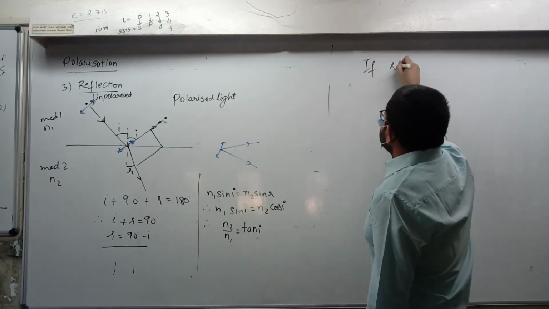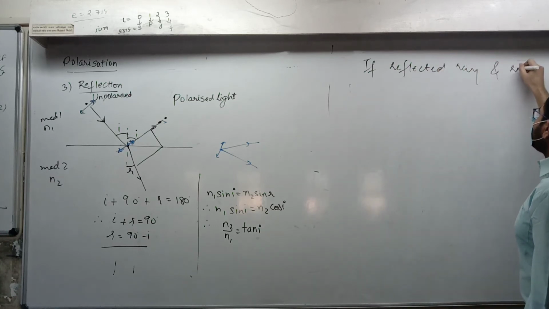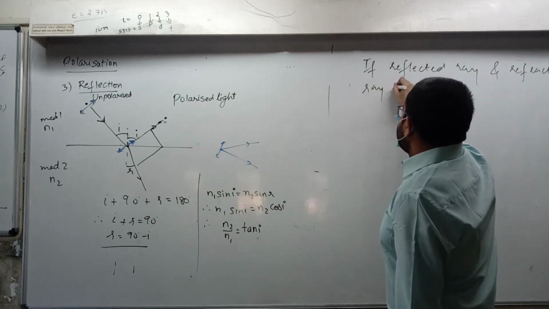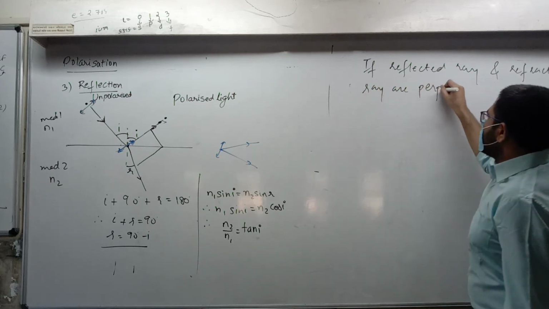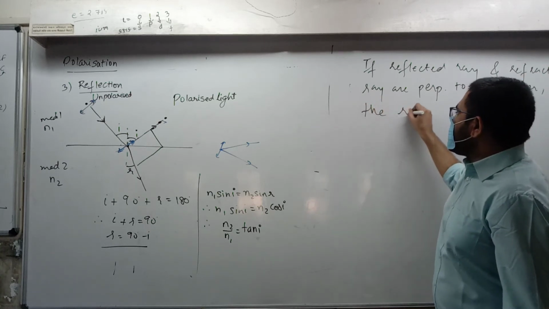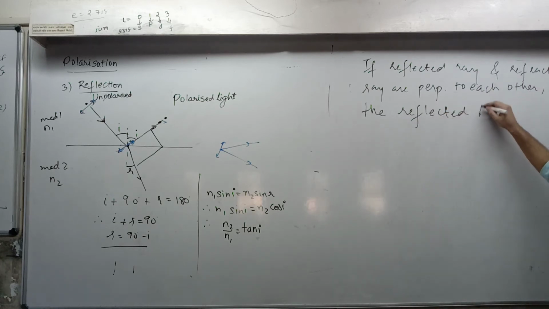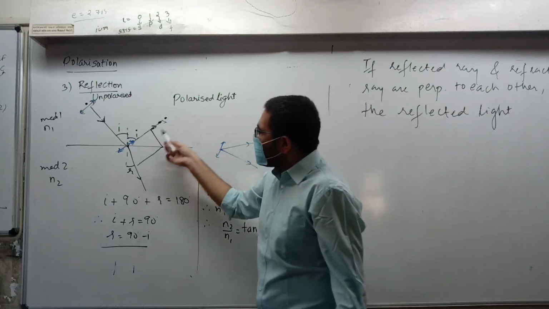If reflected ray and refracted ray are perpendicular to each other, the reflected light, what do we know about reflected light?